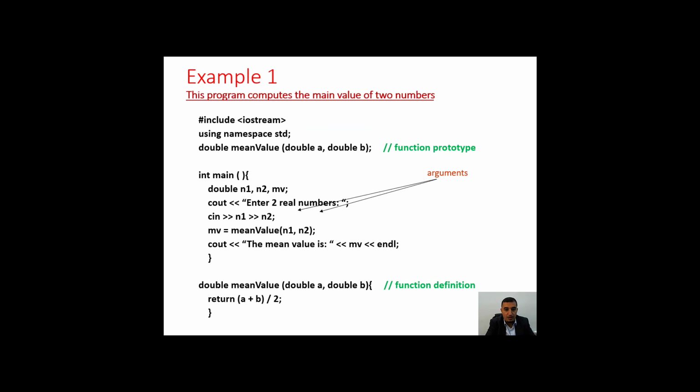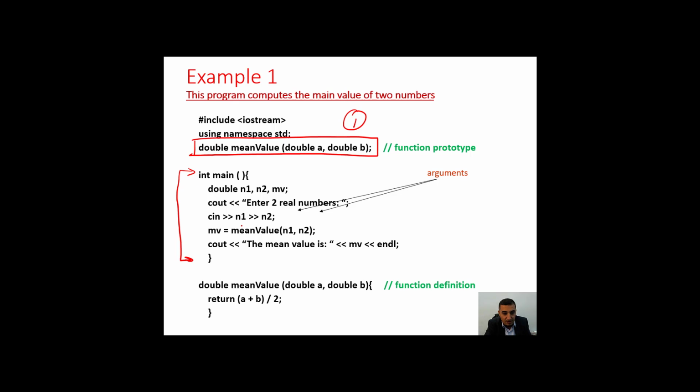Example. So this program will compute the average of two values. So #include <iostream>, using namespace std. Now we have the function prototype. This is the first thing. Then we have the main function.